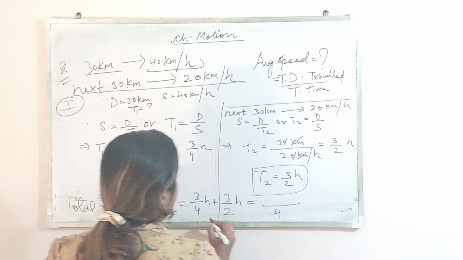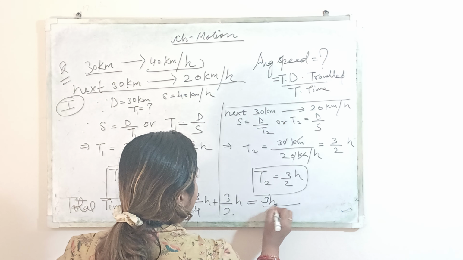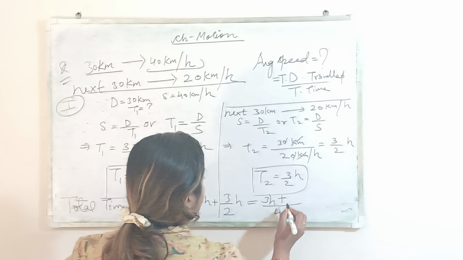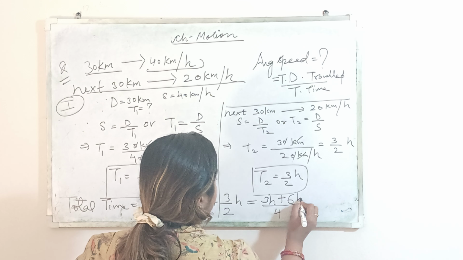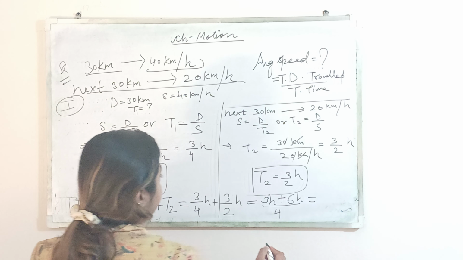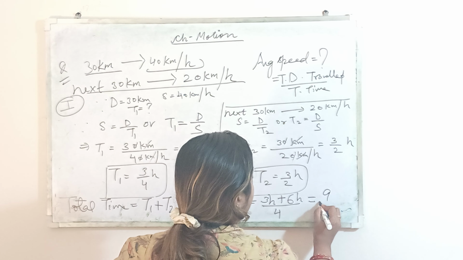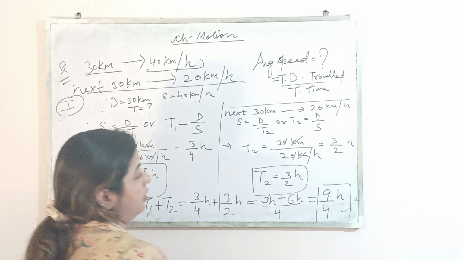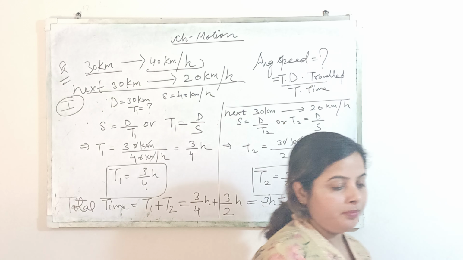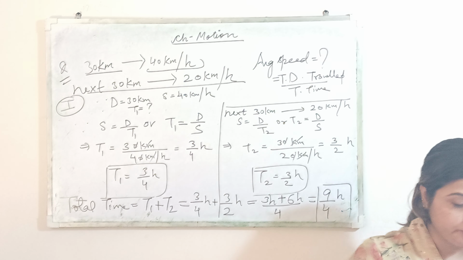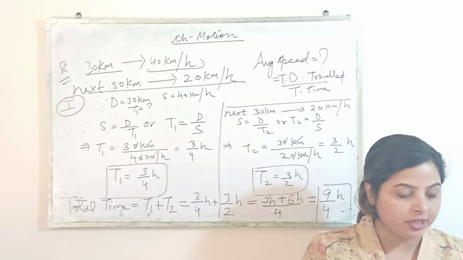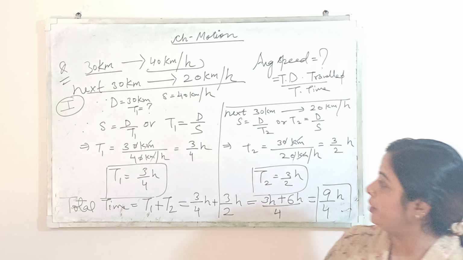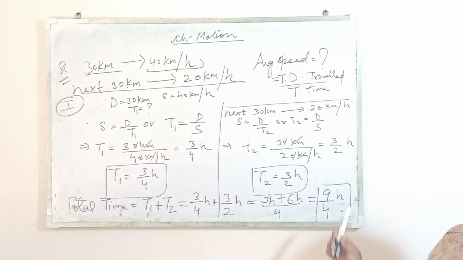LCM will be 4. 3 hour plus 6 hour, that is 9 by 4 hour. 9 by 4 hour is the total time taken. Clear? I hope you have no doubt till here. Where is our question? Yes, it is correct. 9 by 4 hour is the total time taken.